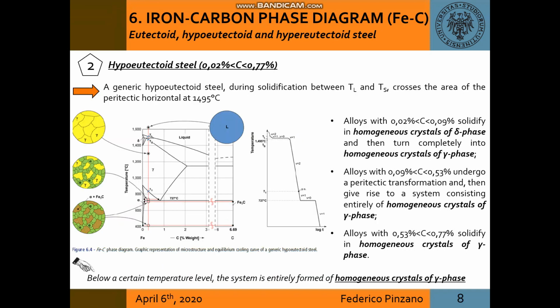Have a look now at what happens for hypoeutectoid steel that usually crosses the peritectic horizontal at 1495 Celsius degrees. What is important is that there can be three different phases transformation. Here, we can see them here, depending on the carbon content, like explained on the right. However, below a certain temperature, the system is entirely composed of homogeneous crystals of gamma phase.